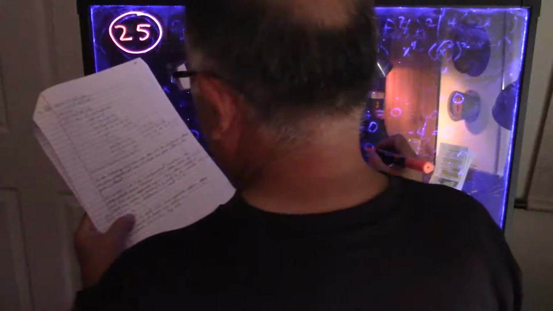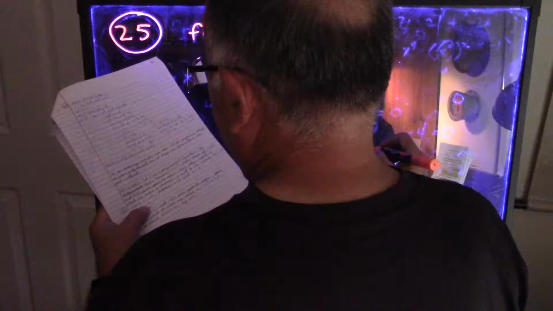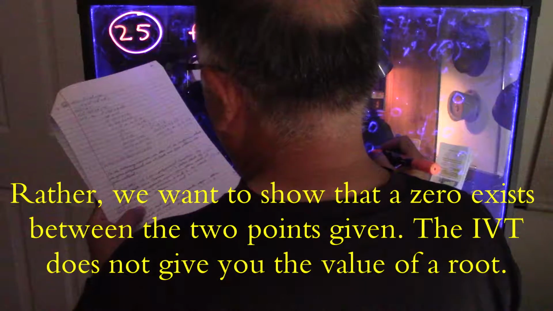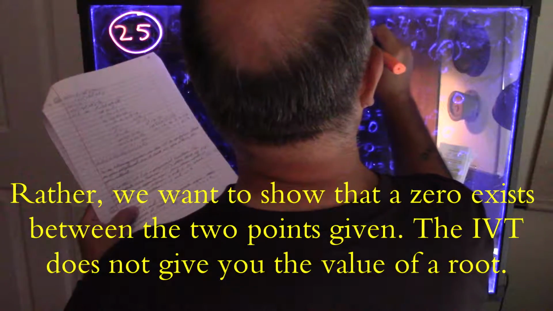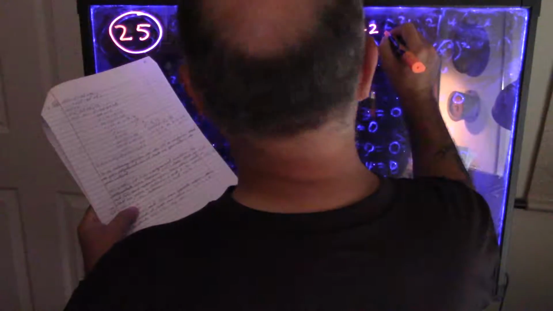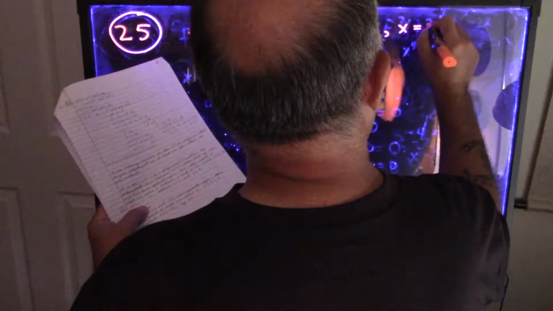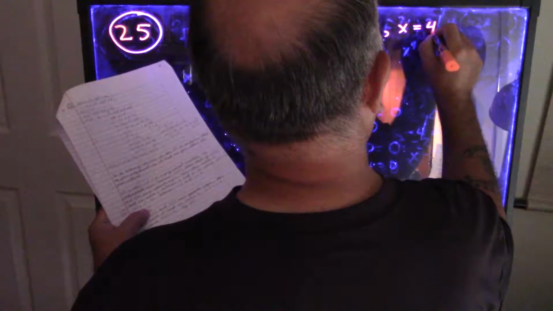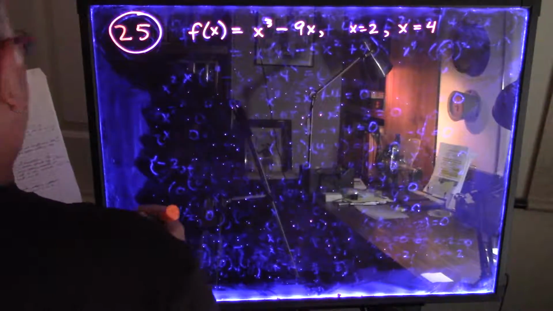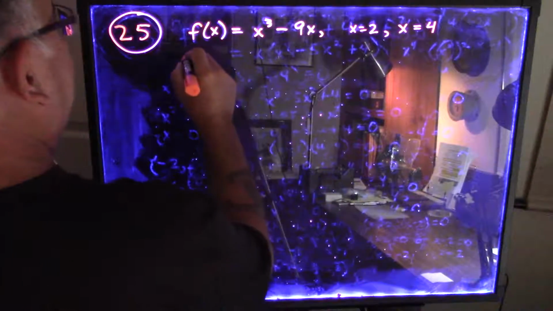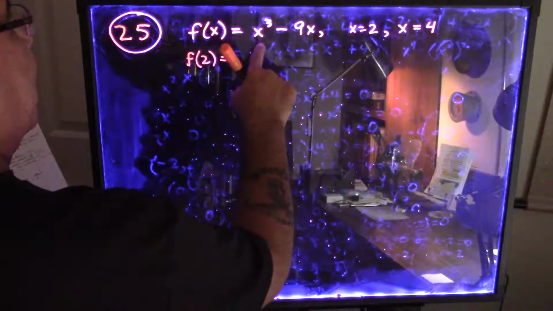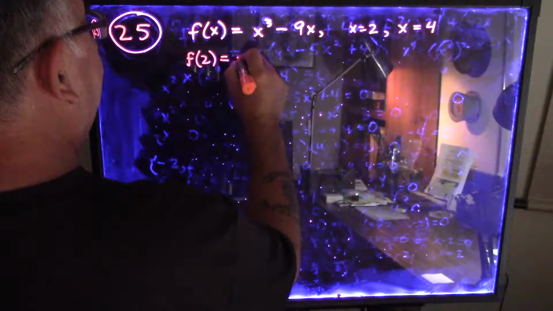And we want to find a value between these 2 points here, x equals 2 and x equals 4, for which f of that value will equal 0. Well, what is f of 2? Plug in x equals 2. You get negative 10.